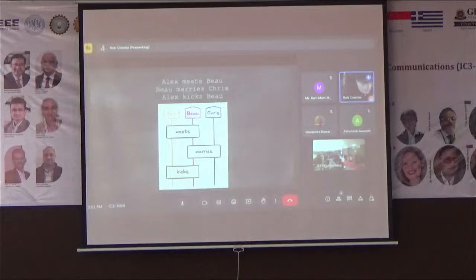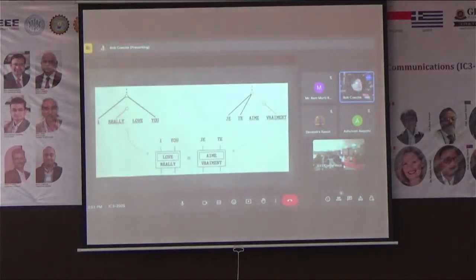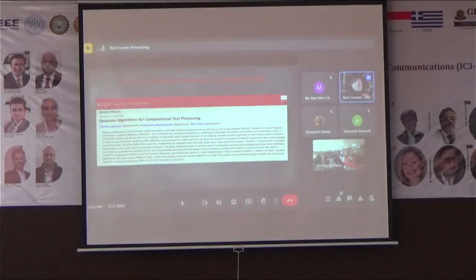I'm just going to say, you have to look at the papers if you're really interested and you want to read them, because of lack of time. So let me go to the most relevant. We show that if you use these circuits and you do quantum text processing, you potentially get exponential advantage over doing compositional text processing on classical hardware.